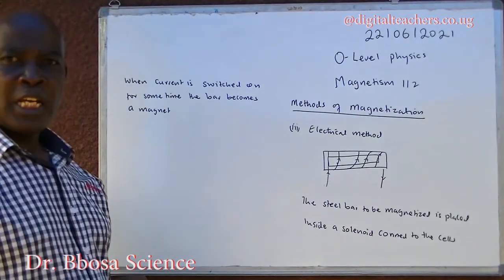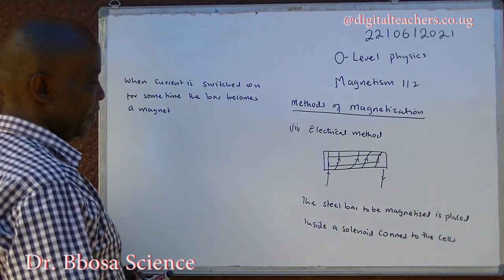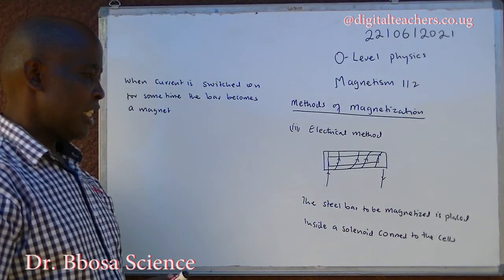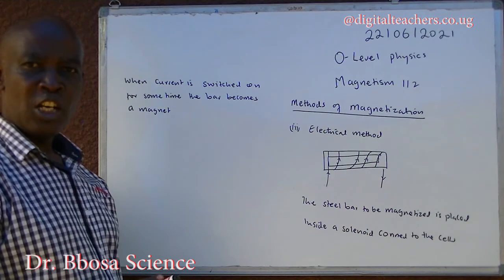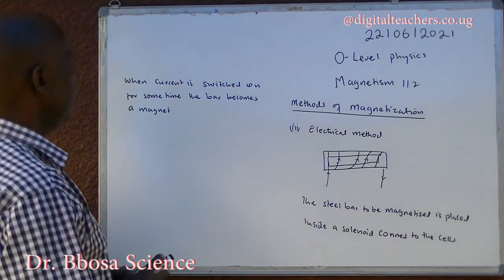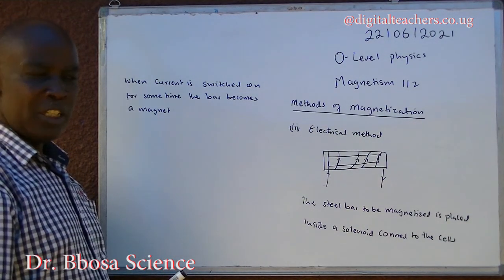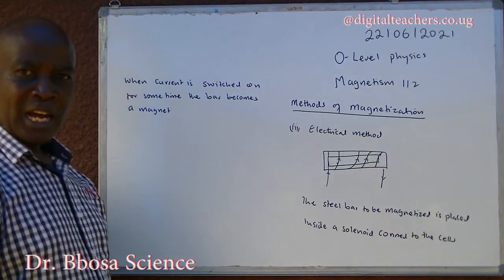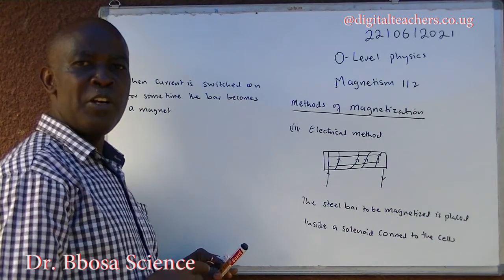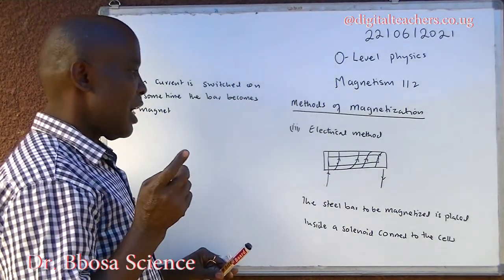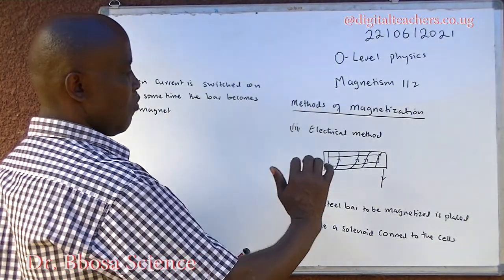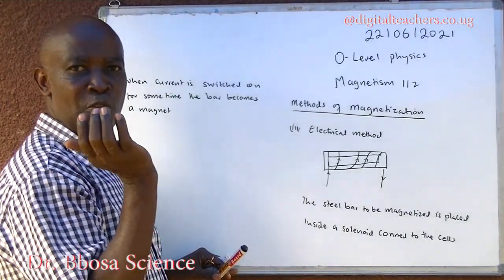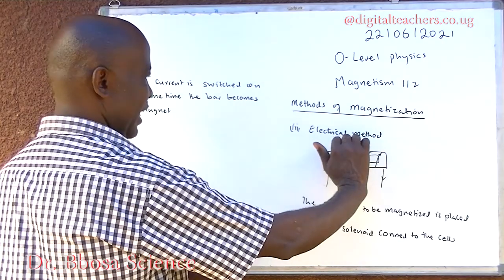3. Electrical method. The steel bar to be magnetized is placed in a solenoid connected to cells. When the current is switched on for some time, the bar becomes a magnet. How do we know which is the north pole and the south pole? We put the fingers of the right hand to face in the direction of current.